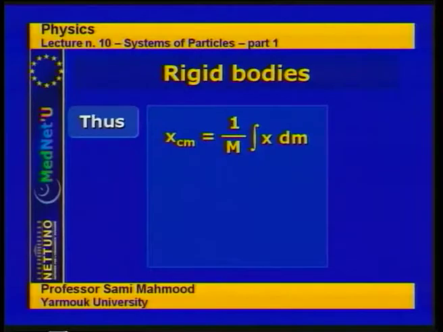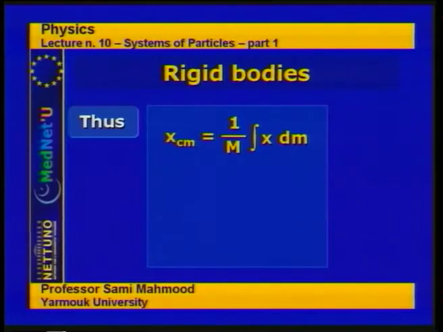And dm is the infinitesimal mass of a very small volume around that point, that position. So this defines the x component of the center of mass of the body.